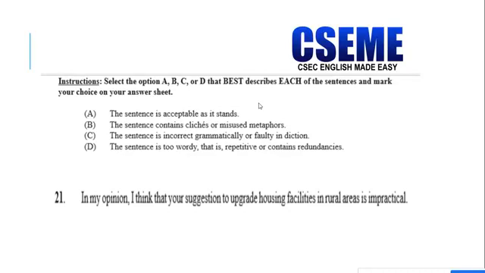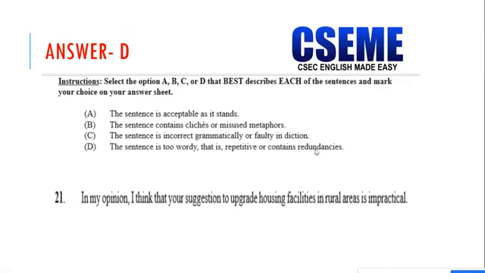Now, in examining our sentence, we're looking at which one of these, right? In my opinion, I think, and let us see exactly what is the answer. Based on the syllabus, the answer that is given would be D. The sentence is too wordy, that is repetitive or contains redundancies.